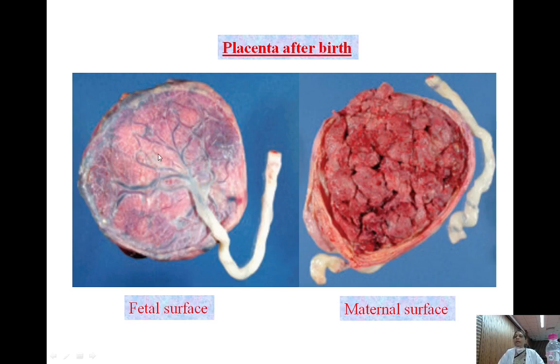Through this transparent part you can see the red, maroon placental surface, and the umbilical cord is attached here, and the blood vessels are going towards that umbilical cord, isn't it? And here will be the amniotic membrane. This is the amniotic membrane. The white layer will be the amniotic membrane, the transparent membrane.